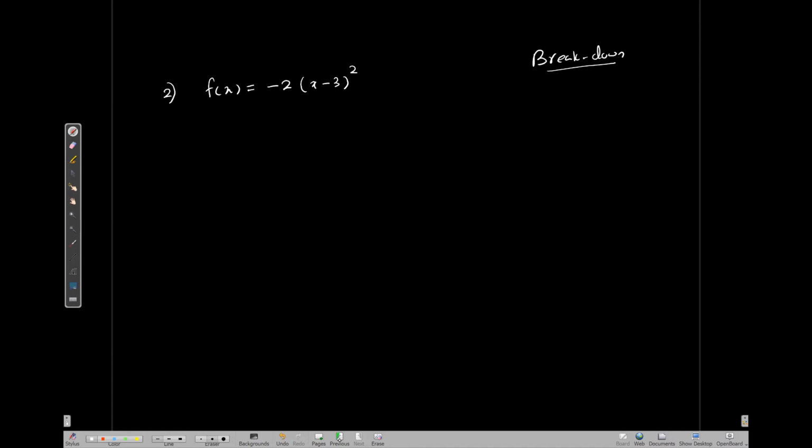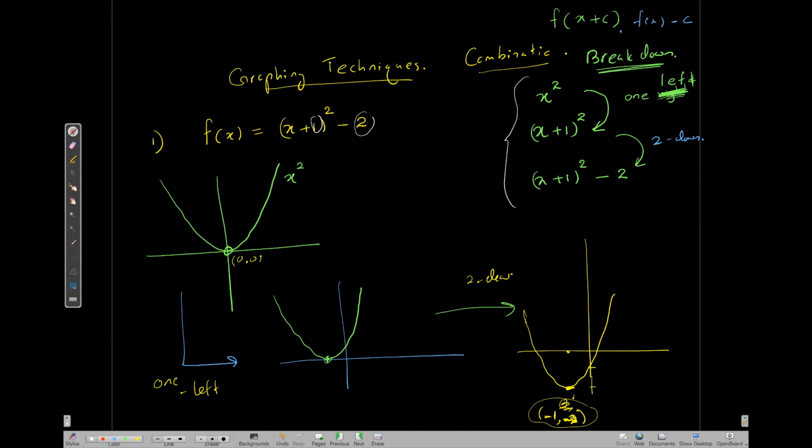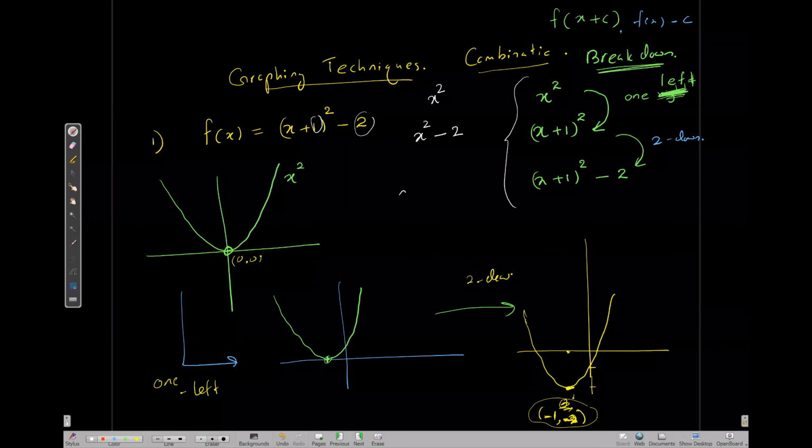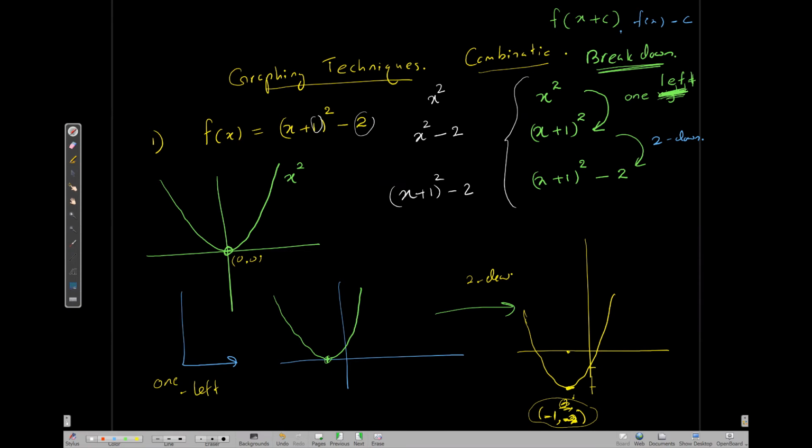Let me go to the previous one. This was my breakdown. Somebody else could have done it as x squared minus 2, and then you replace that by this. Still it's correct. In that case, first 2 down, and then 1 left. Still correct, right? You will still end up here, but the middle position would be different.